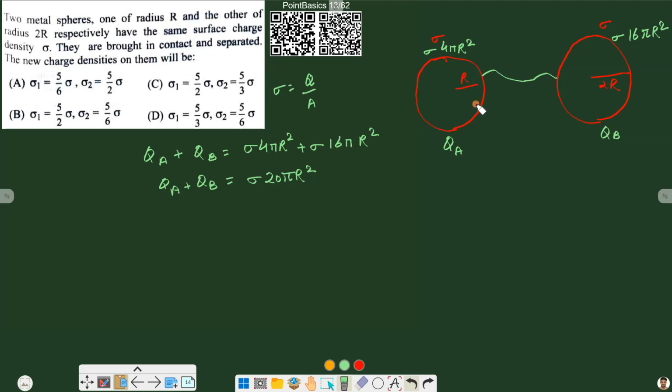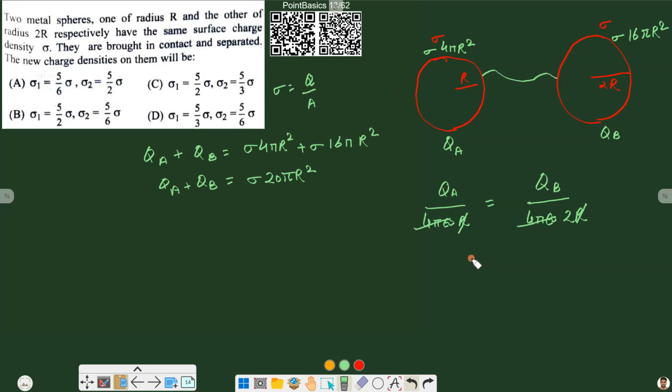Now the second condition which we will use, as I already discussed, is that when we connect both of these, their potentials become equal, and potentials are given by charge by capacitance. So the capacitance of the first sphere is 4 pi epsilon naught r, and the potential of the second sphere will be charge by the capacitance of the second sphere, 4 pi epsilon naught 2r. So 4 pi epsilon naught gets cancelled and r gets cancelled.